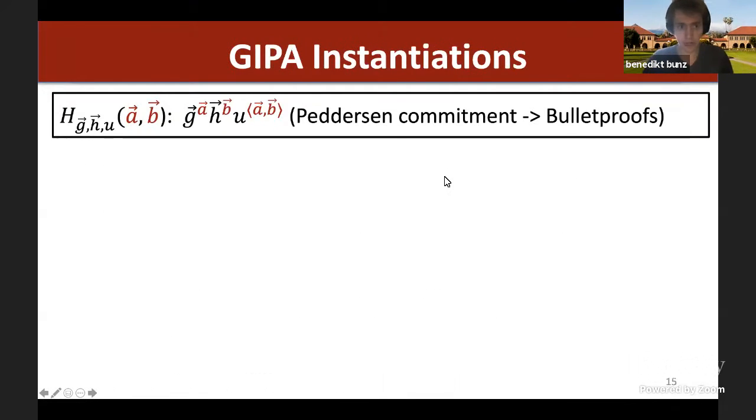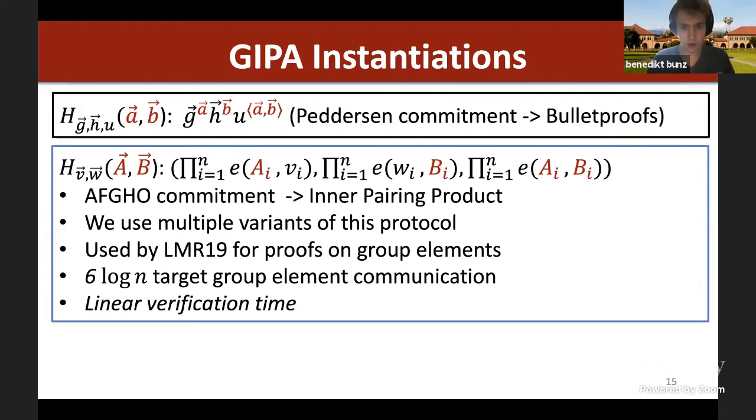So now how can we instantiate GIPA? Well, we can use the Pedersen commitment, which gives us the Bulletproofs variant. We can also instantiate it using the AFGHO commitment, which is a commitment to group elements and uses bilinear groups. This is what we're mostly using throughout the paper.